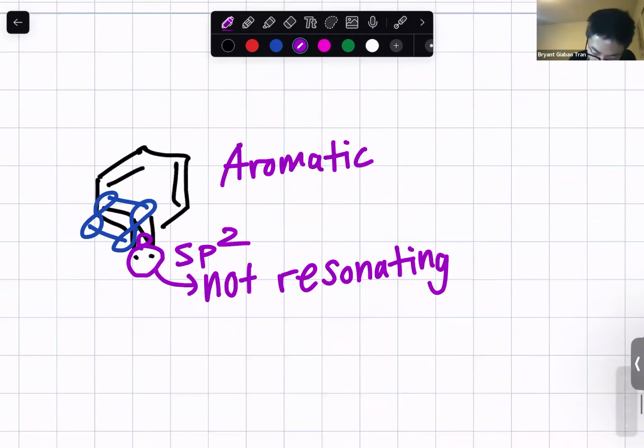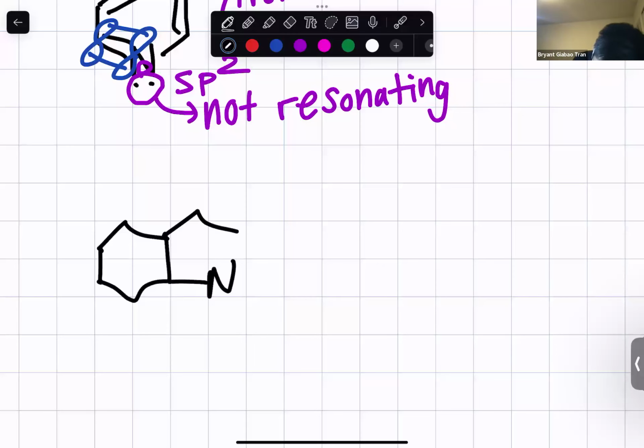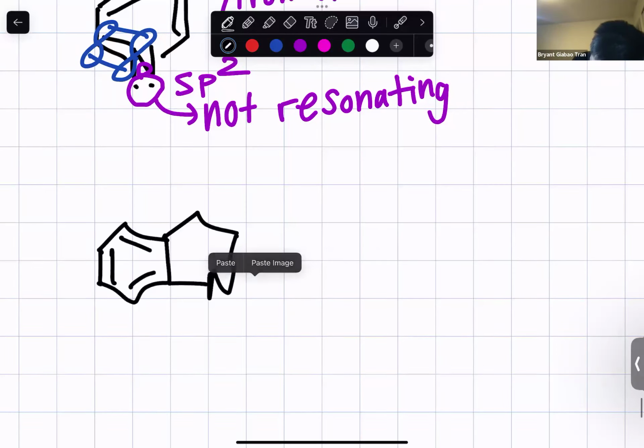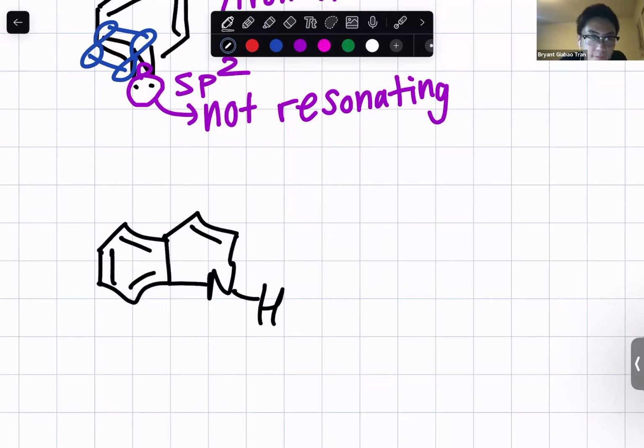So let me give you another example here. Would this one also be aromatic?